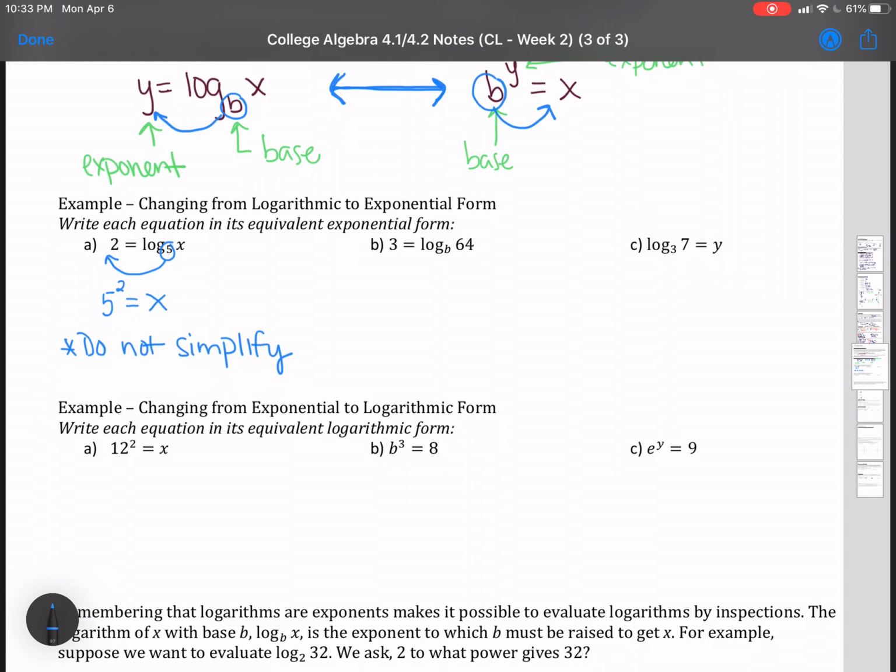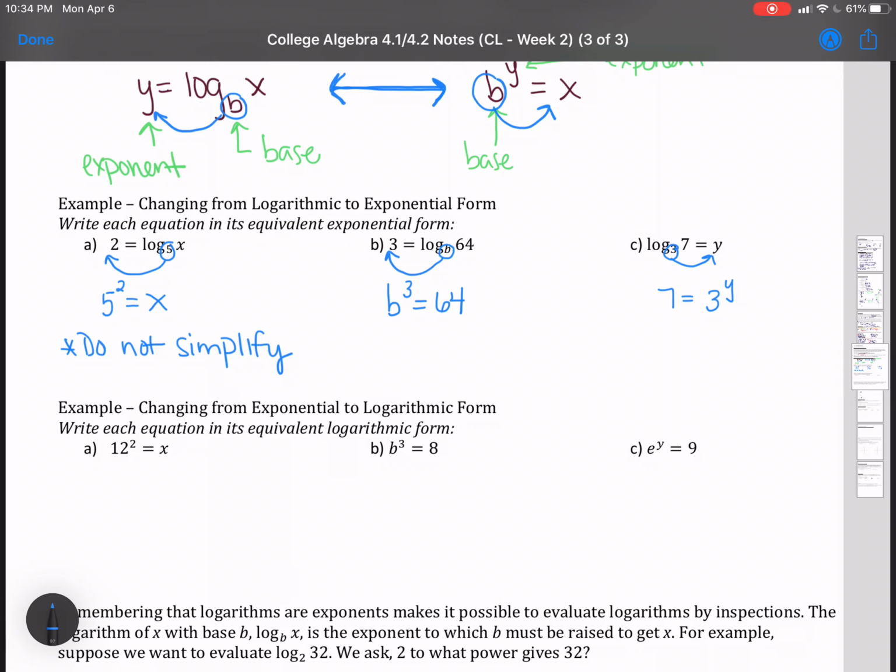Same thing with b: we have 3 equals log base b of 64. We loop and swoop the base to the other side, so we have b to the third power equals 64. And then c, log base 3 of 7 equals y. Loop the base, swoop it to the other side: 7 equals 3 to the y power.